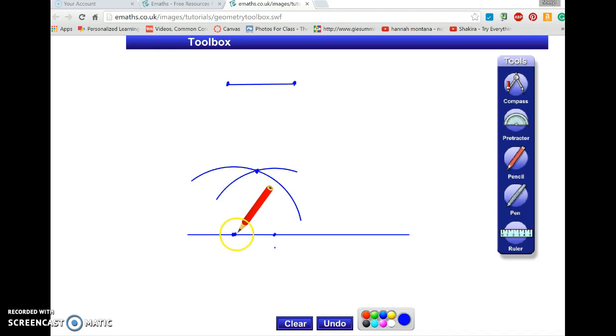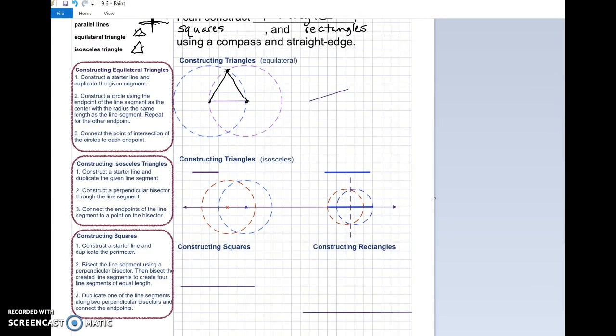Let's try it one more time. And there we go. So there is our isosceles triangle, and you can see that this side and this side are the same length as that one, but this one isn't, okay?